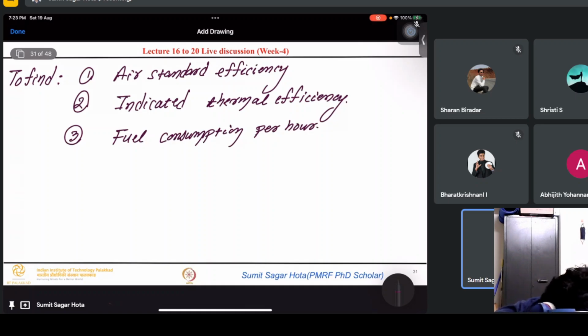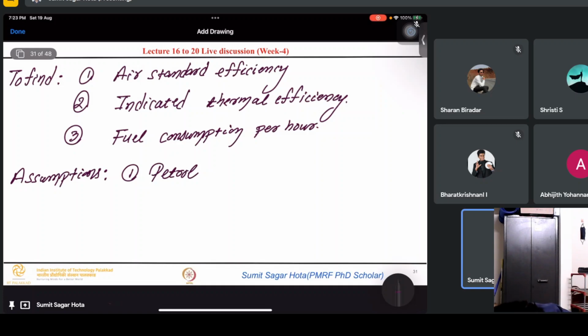What are the assumptions? Petrol engine works on a standard Otto cycle. Because reversible is there. In actual, a petrol engine does not work on a reversible cycle, it's obviously irreversible. But we are assuming it as an Otto cycle, that means reversible.